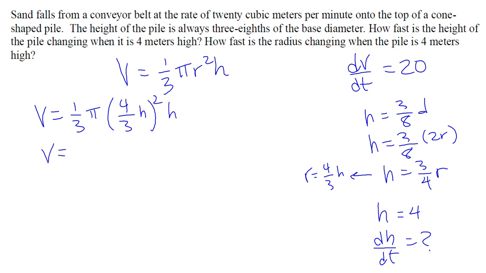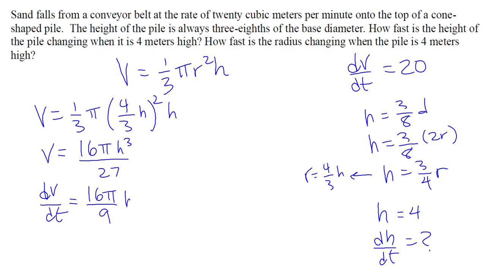And when we simplify that out a little bit, it becomes 16 pi h cubed over 27. And so as we take our derivative with respect to time, we're going to get 3 times 16 over 27, which is just going to be 16 over 9. So 16 pi over 9 h squared dh/dt.